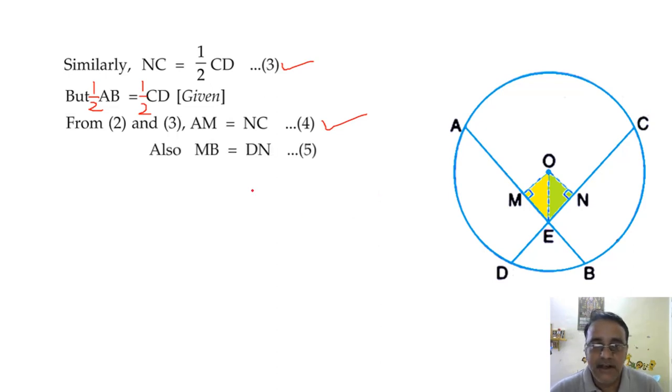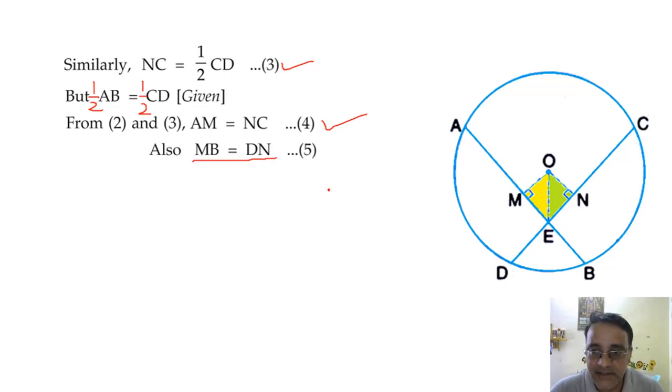Now next, MB is also equal to DN, the next part of the chord. दोनों equal है ना? AM is equal to BM and CN is equal to DN, right? So these two are also equal.